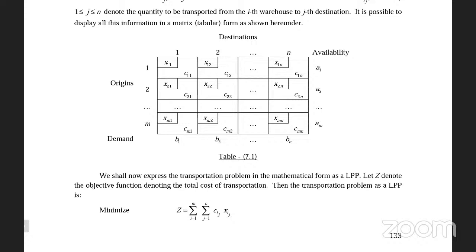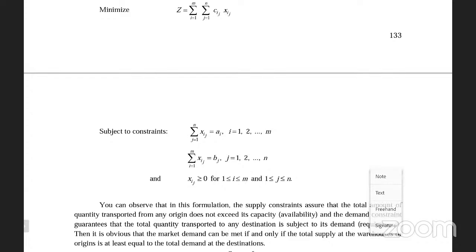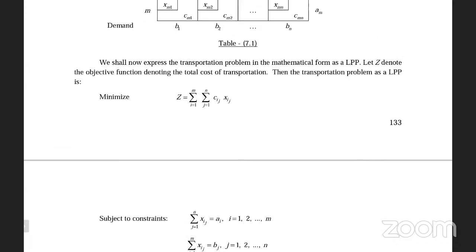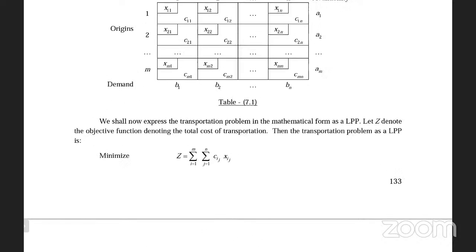So here, minimization Z equal to summation Cij Xij, which we want to identify using the constraints: the total demand must be satisfied and the total availability must also be satisfied. For example, in the first row, I take x11, x12, up to x1n.